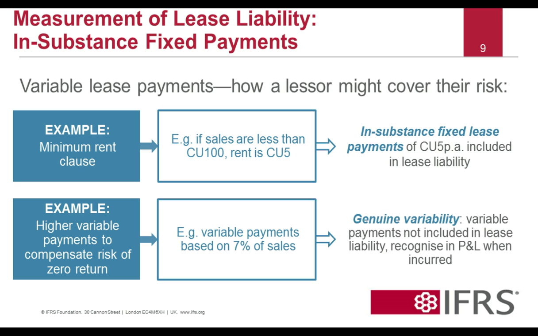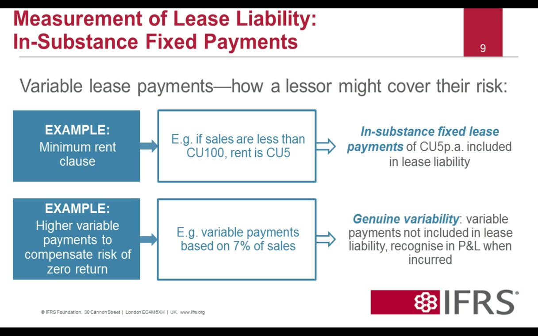Thinking about it from the lessee's point of view, accepting these terms indicates that the flexibility offered is something that they need and that they're prepared to pay for. Putting all of this together, it is in substance really the case that this contract offers genuine variability, and therefore these variable payments would not be included within lease payments, but instead recognised in P&L when they occur.